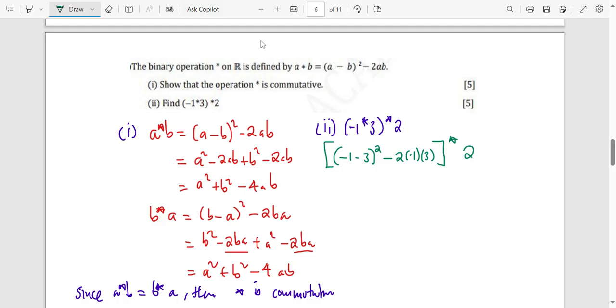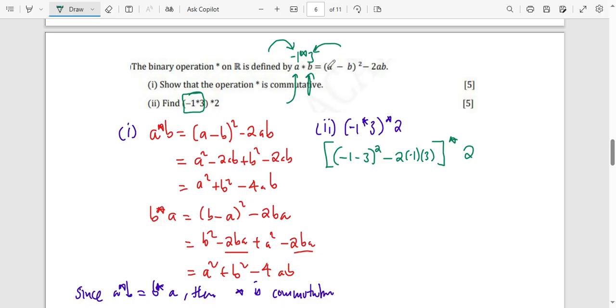Okay. So what we are saying is, remember, start with what has been given in the brackets here. So we've been given negative 1 star 3. We've already been given A star B. So the meaning of that for the negative 1 star 3 is that what is now going to represent A is negative 1. What is going to represent B is a positive 3. All right.